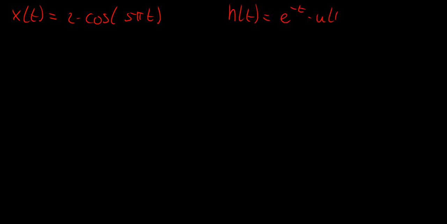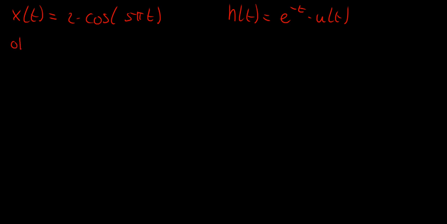So we have x of t, which is 2 times the cosine of 5 pi t. And then we have our impulse response h of t as e to the power of minus t times the step function u of t. Oh, not an s, but a bracket. Yes, there we go.